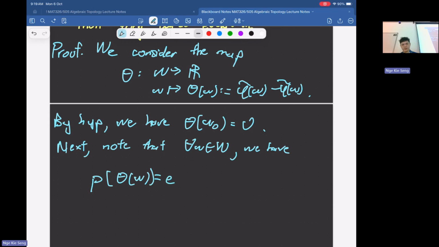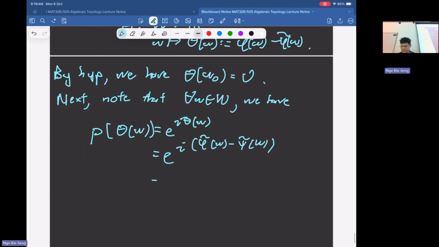Well, it's just e to the i theta W. What's the definition here? So this is e to the i times the difference between two lifts. Okay. Then it is just e to the i theta tilde W times e to the minus i psi W.